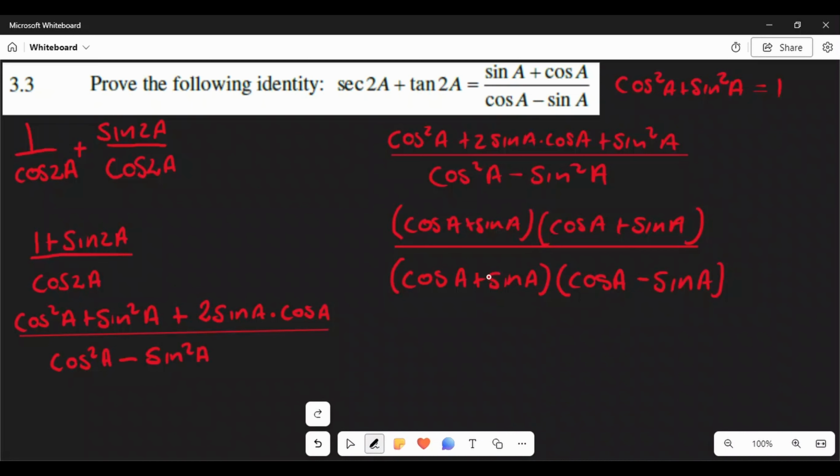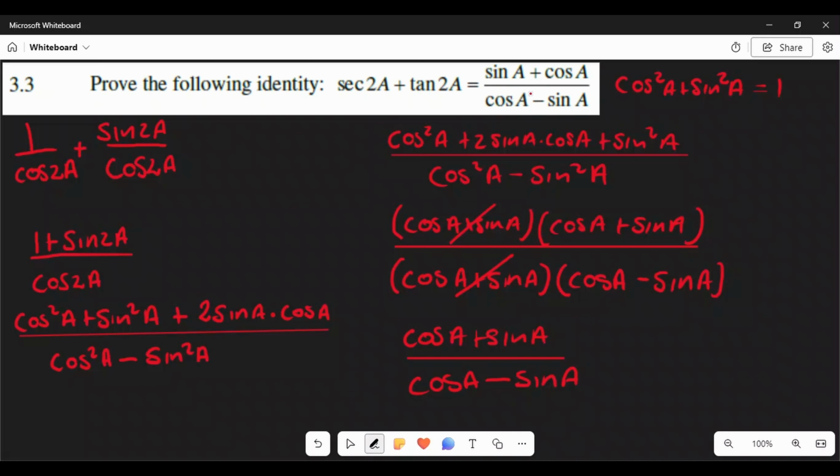So from here you can see we have cos a plus sine a, which is going to divide this cos a plus sine a, and in the numerator we're going to be left with cos a plus sine a divided by cos a minus sine a. Right, so as we can see, this is the same as that on our right hand side.